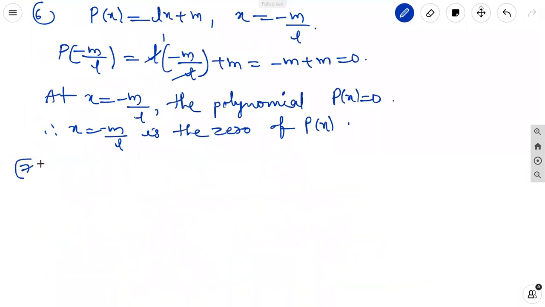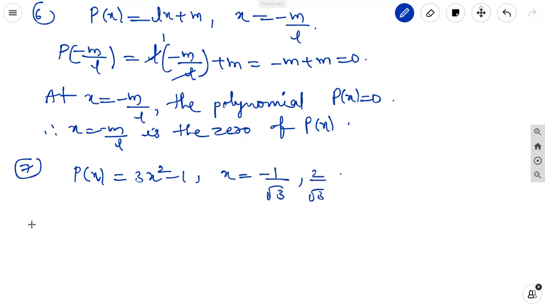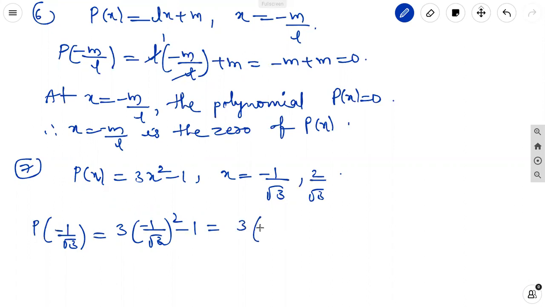Seventh one, p of x equal to 3x square minus 1, x equal to minus 1 by root 3, 2 by root 3. Here substitute minus 1 by root 3 in the place of x. 3 into minus 1 by root 3 whole square minus 1. 3 into minus 1 is plus 1.